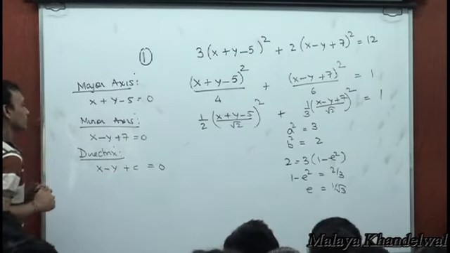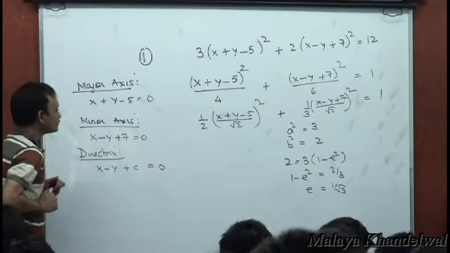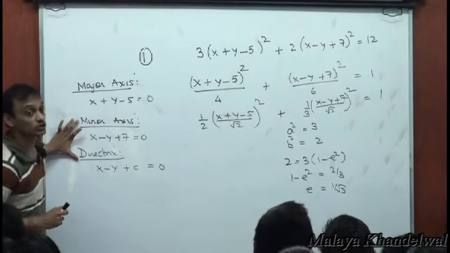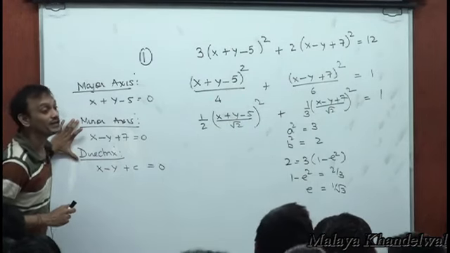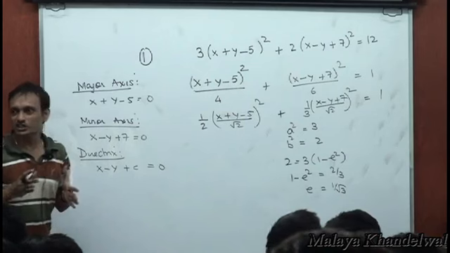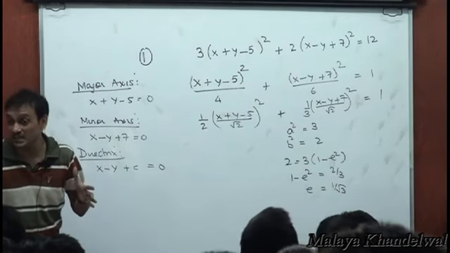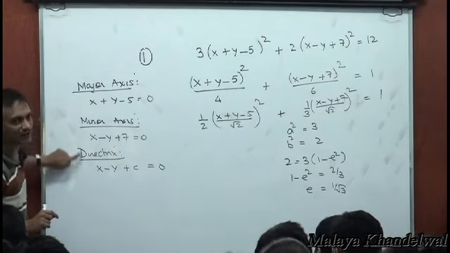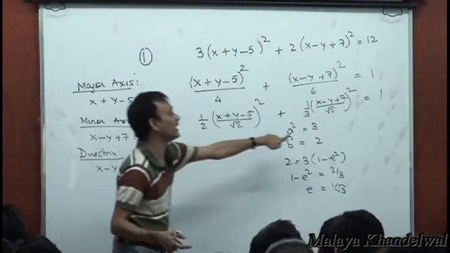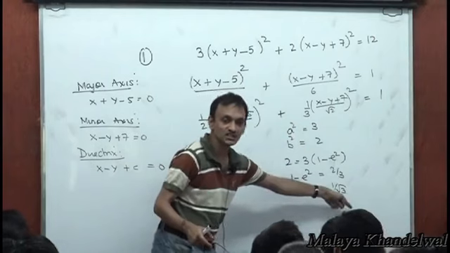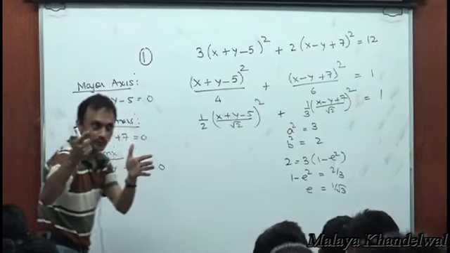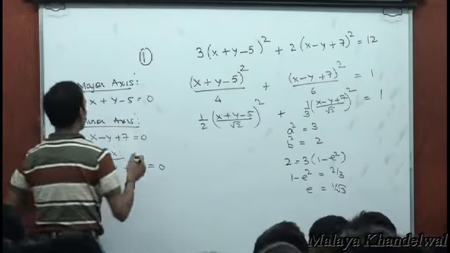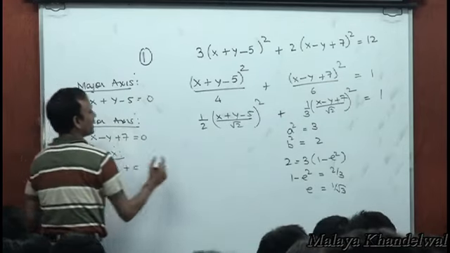Right? Now, the distance between the minor axis and the directrix is a by e. Yes or no? So the distance between these two parallel lines is a by e, where a is root 3 and e is 1 by root 3. Clear? Now what's the distance between two parallel lines?